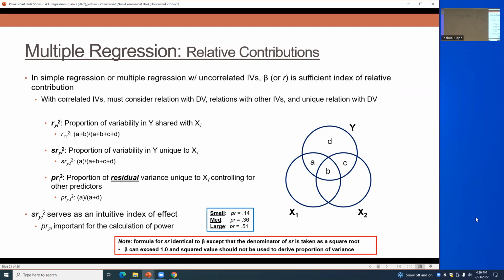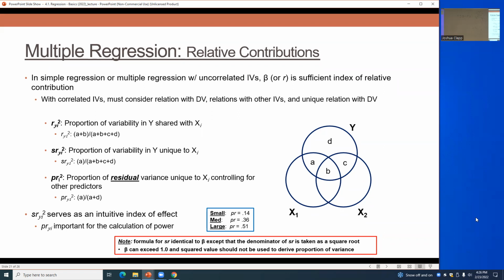Your squared semi-partial correlation doesn't correspond to any benchmarks. That's really relative, but it has a nice interpretive quality to it, so we can use that. These values, particularly your partial correlation, are going to be similar to your regression coefficient, but what we shouldn't do is interpret our regression coefficient as a proportion of variability of anything, because of the way it's calculated.